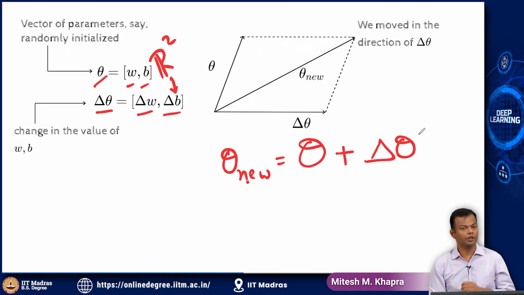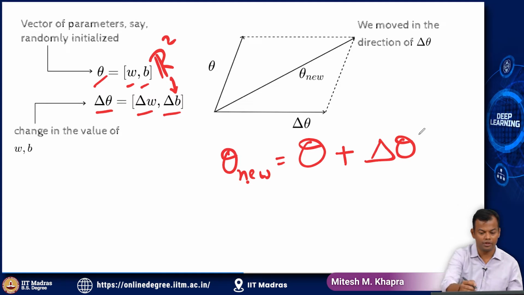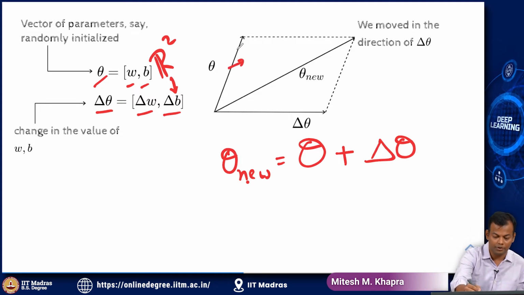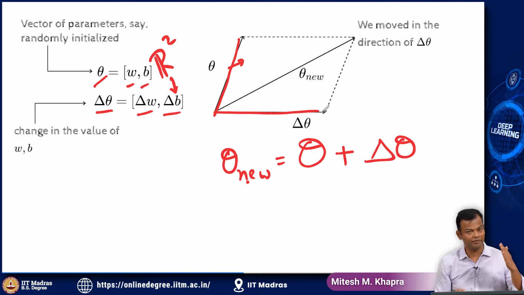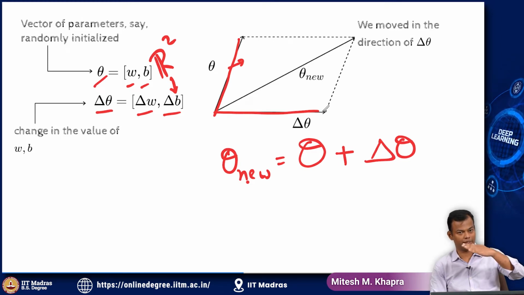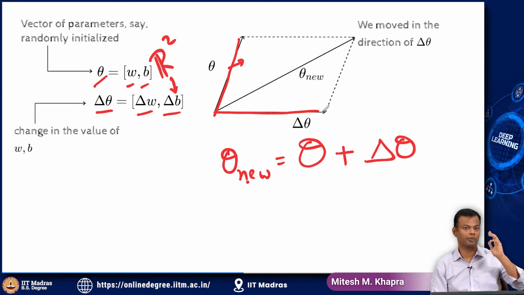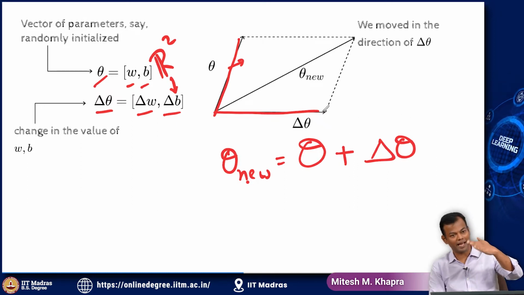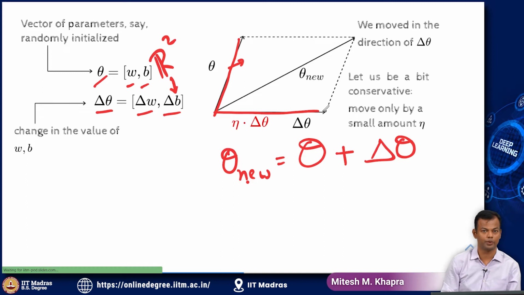What is happening here is that I was here, and I then added this vector, and effectively I moved in the direction of delta theta. I've come closer to delta theta, and we know this from the perceptron learning algorithm also. When we add it, it comes closer to it.